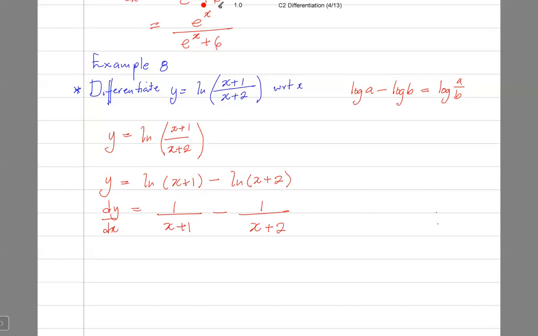Very easy. If we didn't do that, it would make the entire thing complicated. Doable, but complicated. All right, doing it like this by splitting up the log makes it a lot easier. All right, so let me stop the video here, and then we'll look at a few more questions.